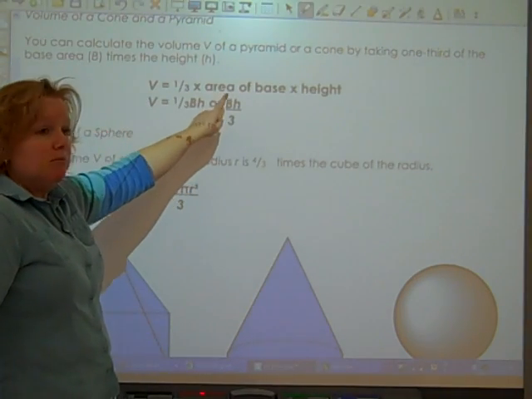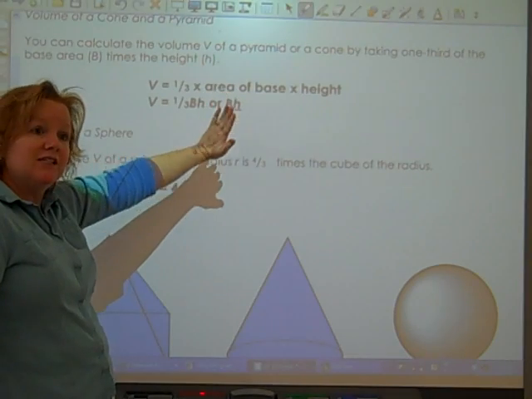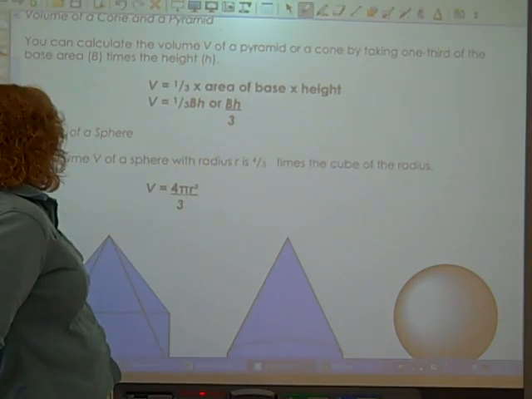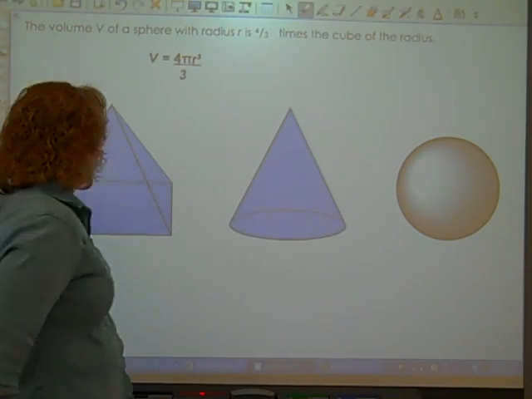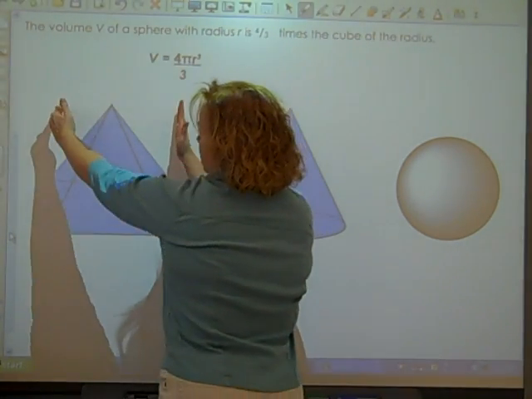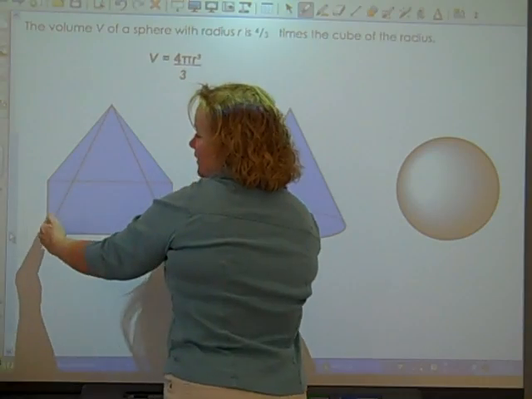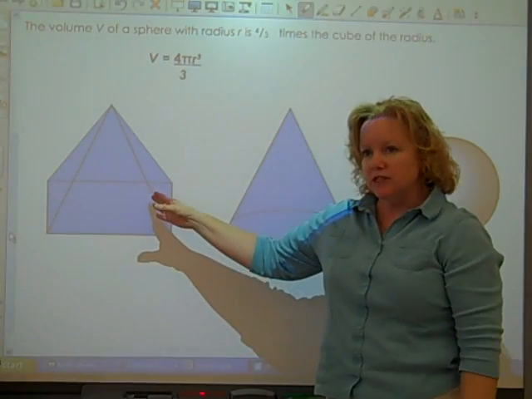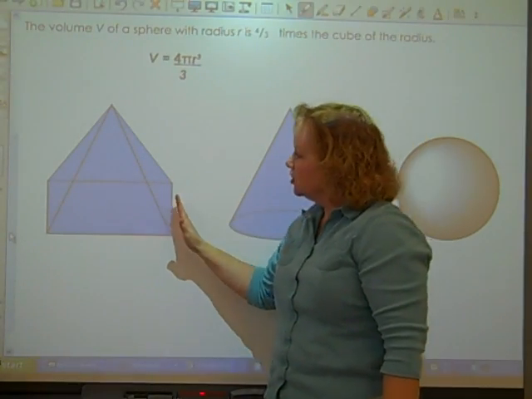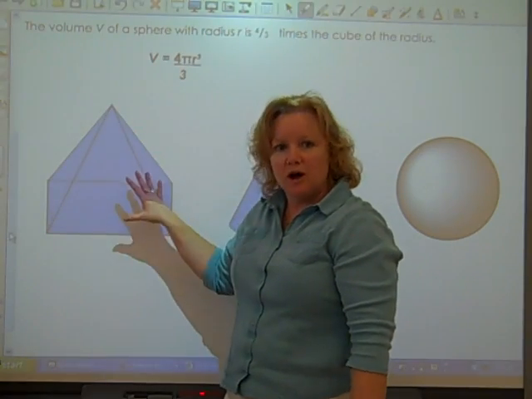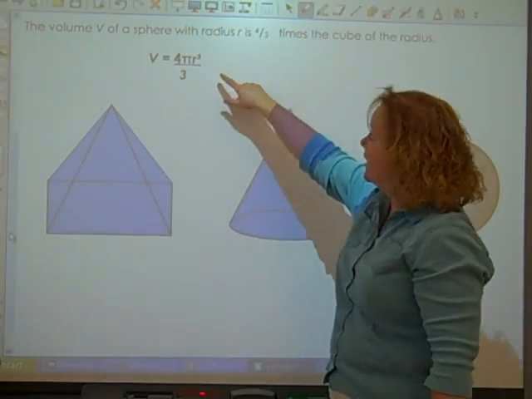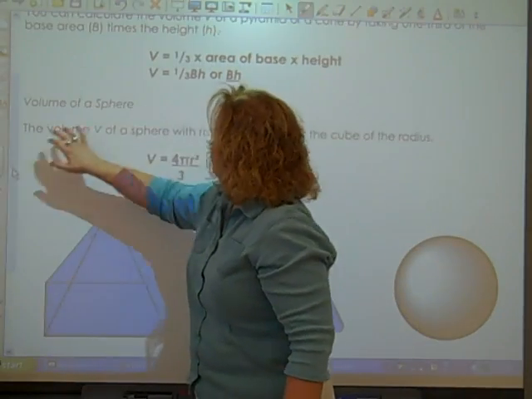It's still the big B times the H, but it's divided by 3. Think about this shape. If I built up my sides, wouldn't this be a rectangular prism? Yes. So they're shaving off those sides, and it's actually 1/3 of the prism. That's where they get that divide by 3 in the formula.